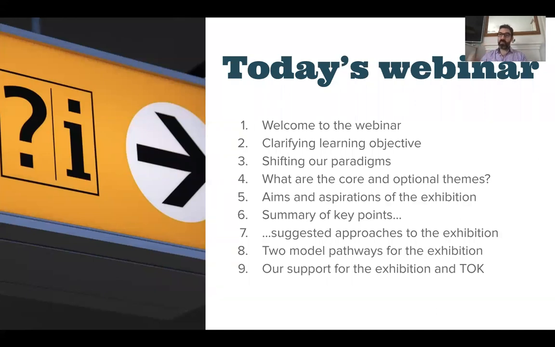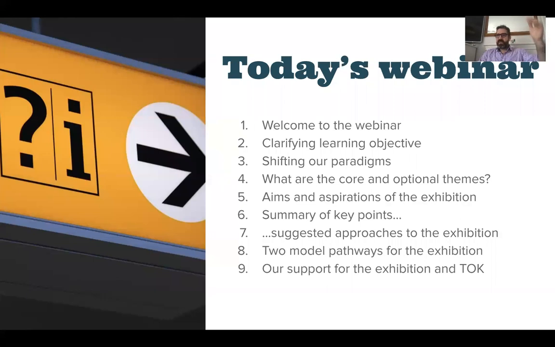Then I'd like to offer a couple of pathways for the exhibition. To some degree, these are a little contrived because providing a step-by-step guide to something as big as the exhibition or the TOK essay could become a sort of straitjacket. Obviously, we create these things in a lot of different ways.